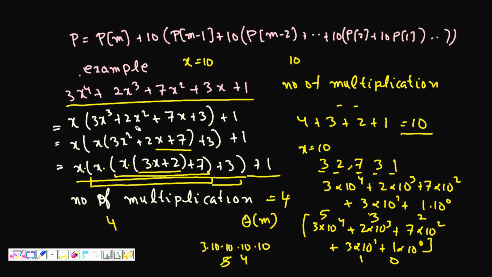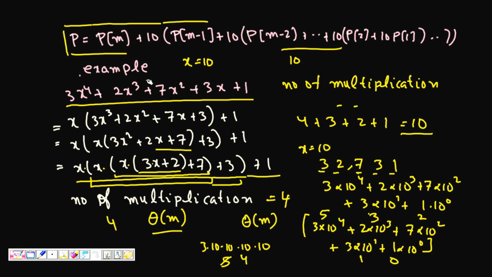This tells us that Horner's rule can evaluate the numerical value of the pattern in theta of m time. It's very efficient. Similarly I can write it as pm plus 10 into pm minus 1 plus 10 into something like this. This is the basic idea for evaluating a pattern's numerical value in theta m time.